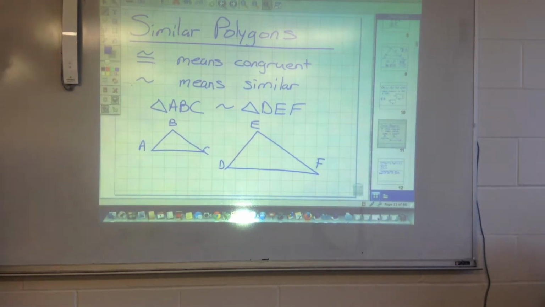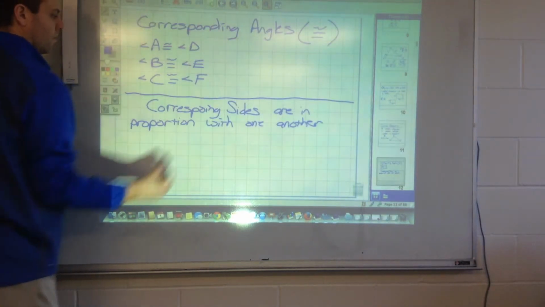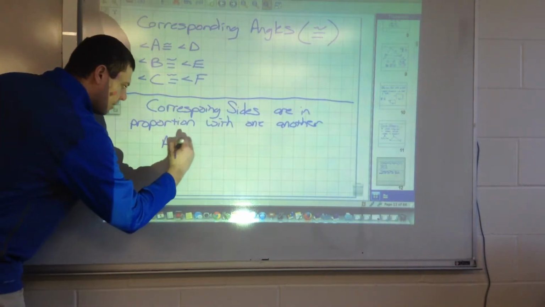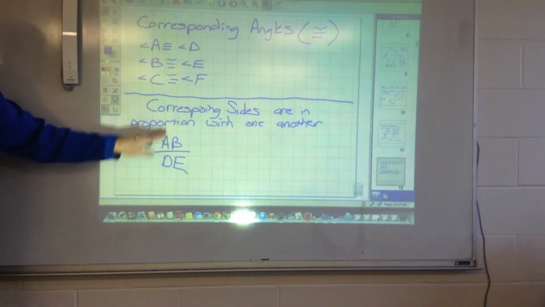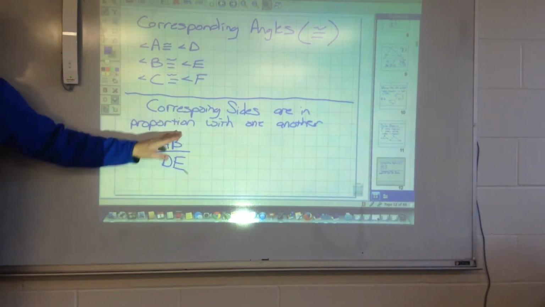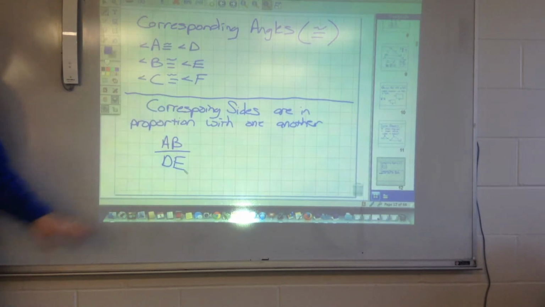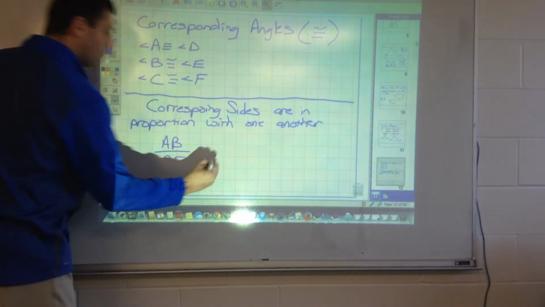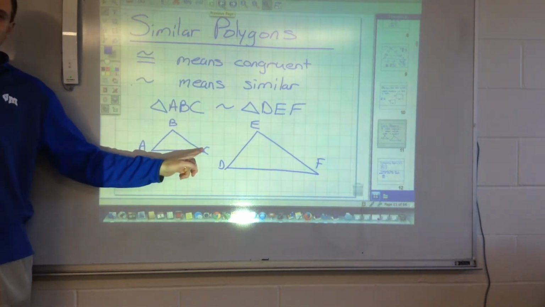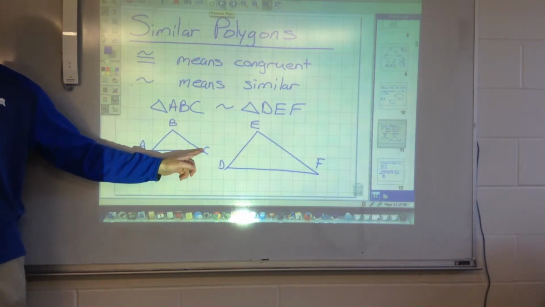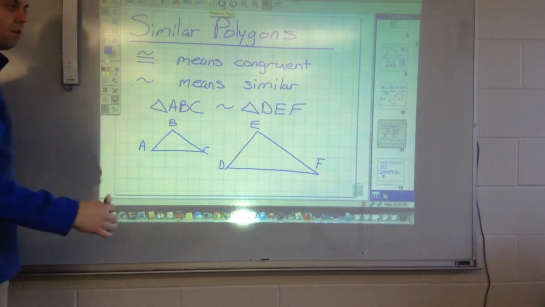They are not congruent. But the ratio of AB over DE, whatever that ratio is, whether it's 3 to 4, 3 to 7, 2 to 9, whatever that ratio is, would be the same as the ratio of BC over EF. Okay?